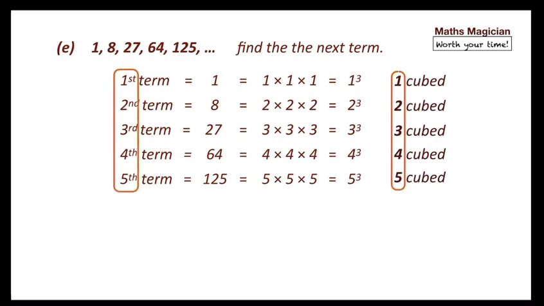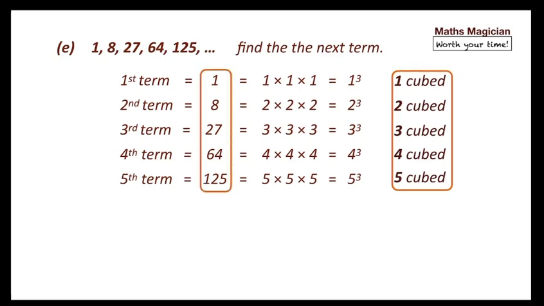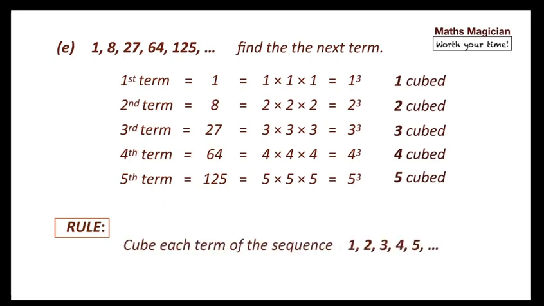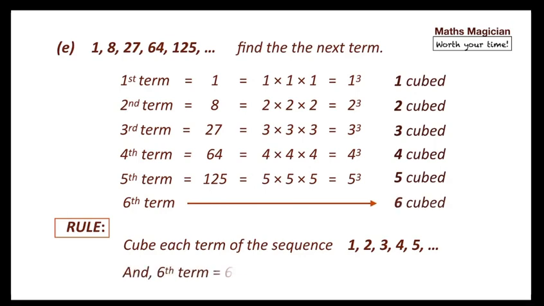Now these are the term numbers 1, 2, 3, 4, 5. When they are cubed, we get the terms of the sequence. So the rule is: cube each term of the sequence 1, 2, 3, 4, 5 and so on. And so sixth term, which is term number 6, will be 6 cubed, and it is equal to 6 multiplied by 6 multiplied by 6, equal to 216.